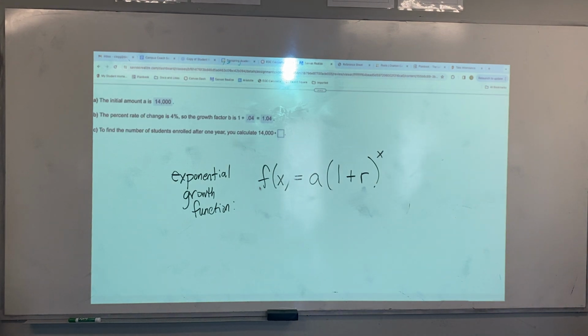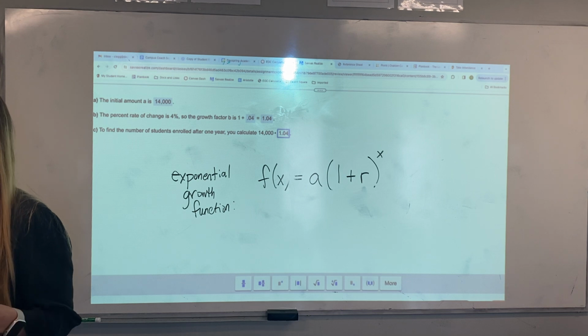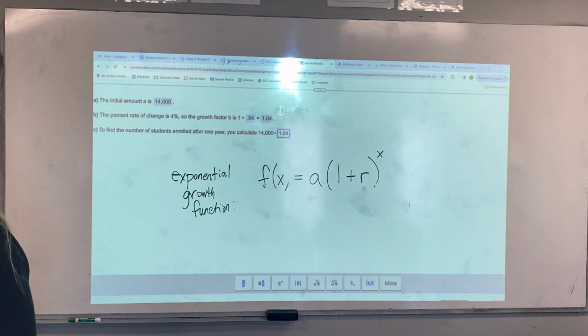To find the number of students enrolled after 1 year, you would calculate 14,000 times 1.04. If it's just after 1 year, you wouldn't need an exponent, right? Because the exponent would already be an invisible 1.